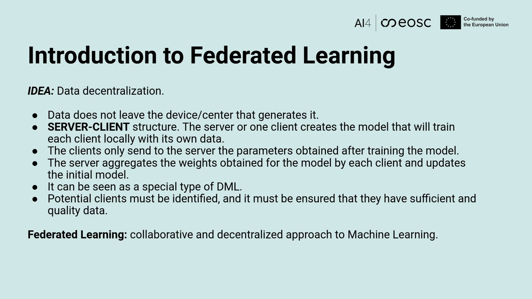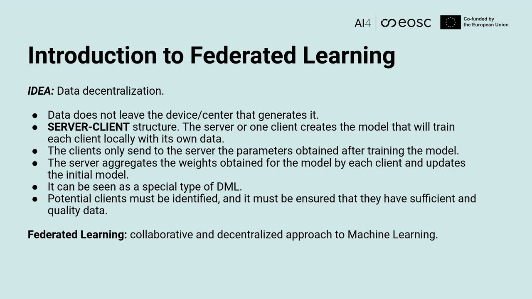In order to do so, we are going to use a server-client structure. The architecture will be composed by one server and several clients. The clients will be the different data owners. In the case of the predictive keywords, each device will be a client. In the case of the hospitals, each hospital will be a client. Then the clients will only send to the server the parameters that they get when they train the model locally.